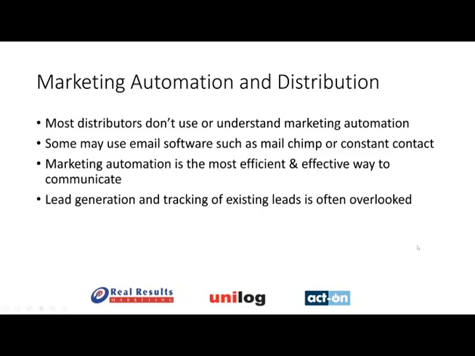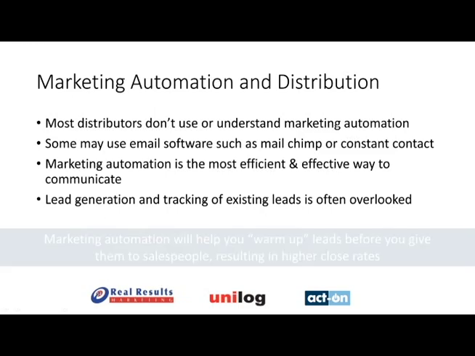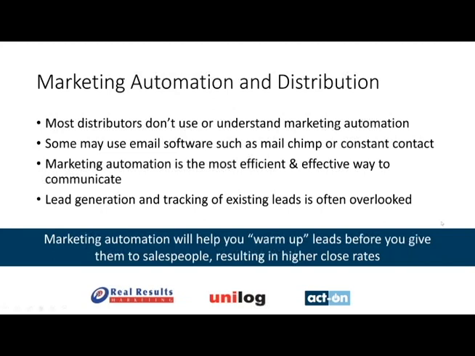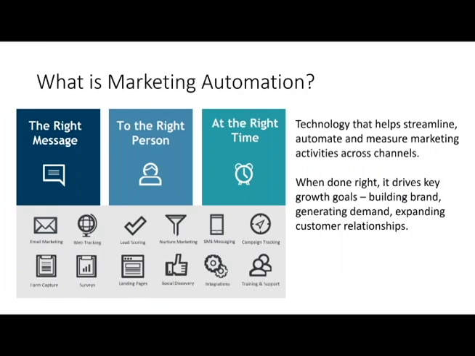From our experience, marketing automation is the most efficient and effective way to communicate. And it permits an efficient and effective way of tracking leads and handing off sales qualified leads to sales rather than just saying, here's a bunch of names, go get them.